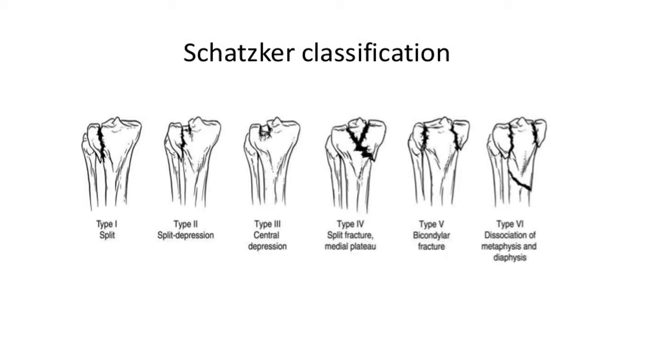Type 3 is just central depression of the tibial plateau without split. Type 4 is a split fracture of the medial tibial plateau. Type 5 is bicondylar fracture. Type 6 is dissociation of the metaphyseal and diaphyseal junction.